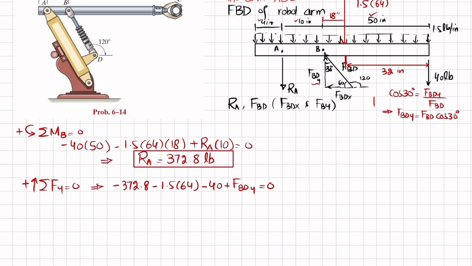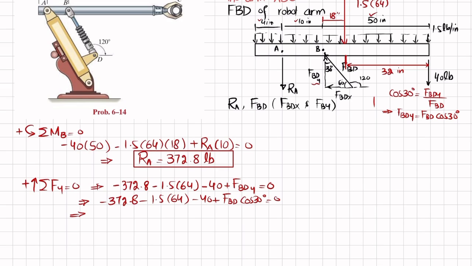So we will replace it over here: minus 372.8 minus 1.5 into 64 minus 40 plus FBD cos of 30 degrees is equal to 0.